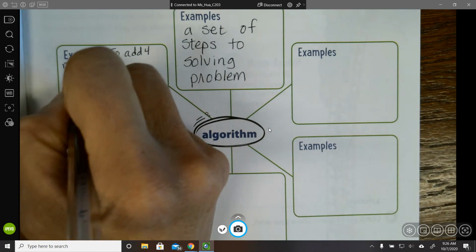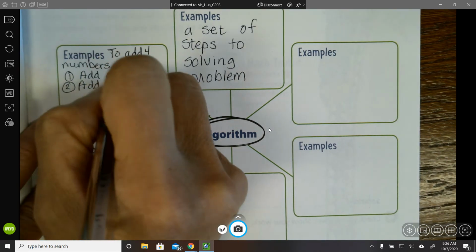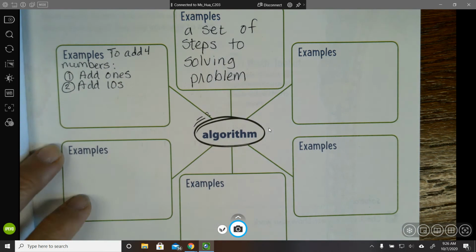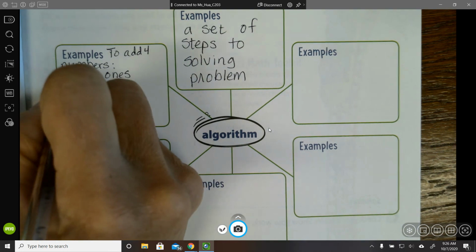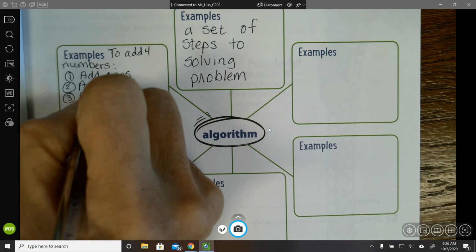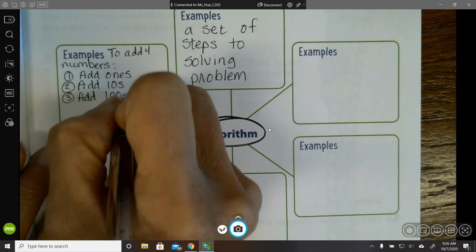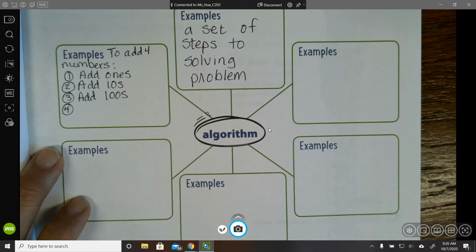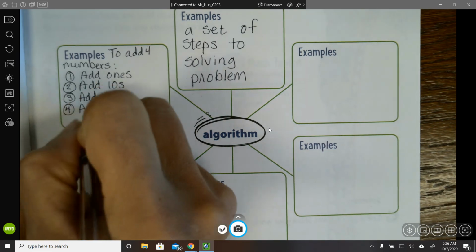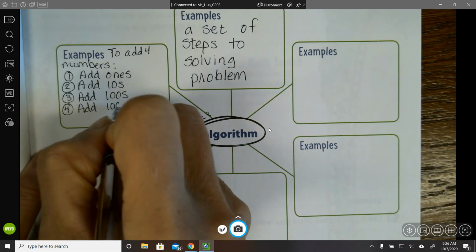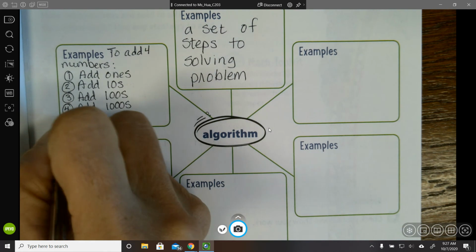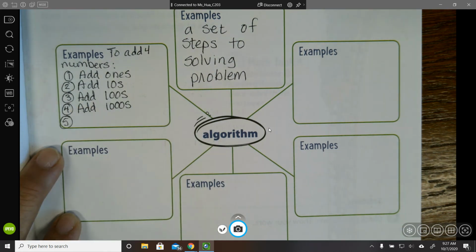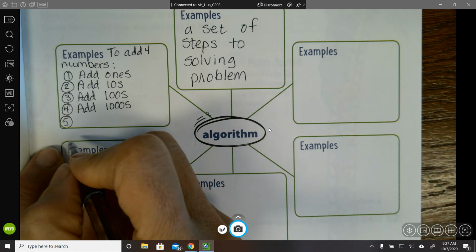Two, add tens. Step three, add hundreds. Step four, add thousands. And step five, add the four sums.